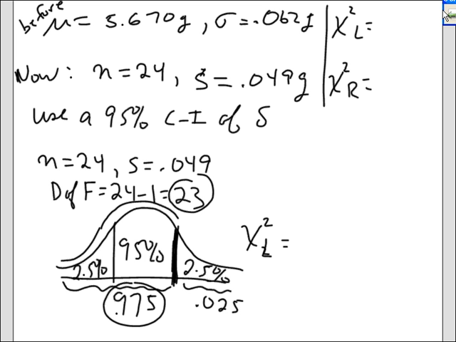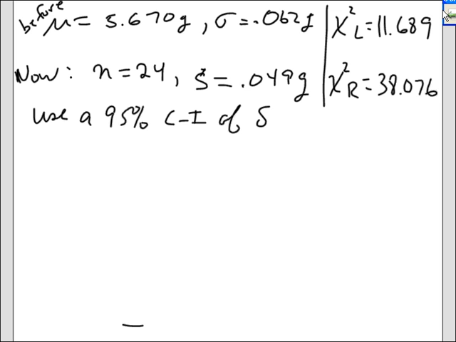I go down to 23, and I get 11.689. And for chi-squared R, I go to 0.025 and down to 23, which, if I'm reading this correctly, is 38.076.